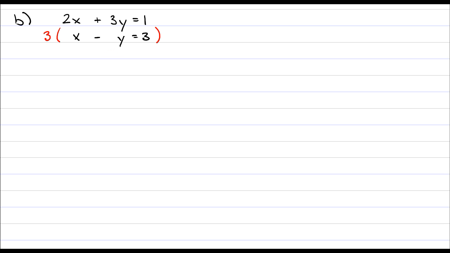Carrying out this operation, the first equation stays the same. It's still 2x plus 3y equals 1. The second equation is 3x minus 3y equals 9.